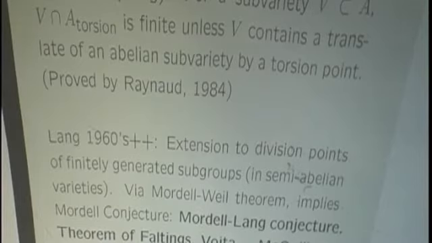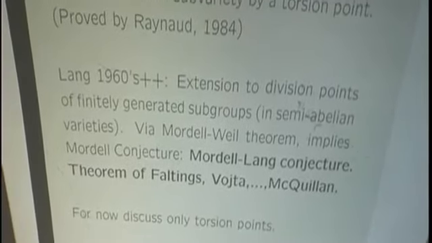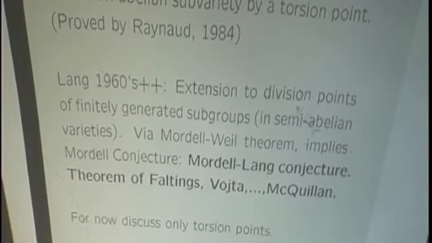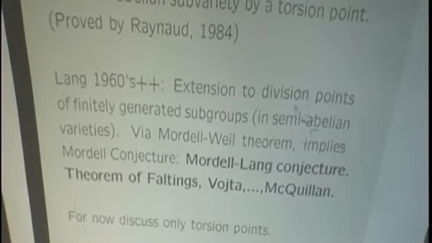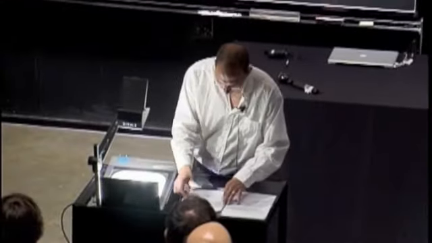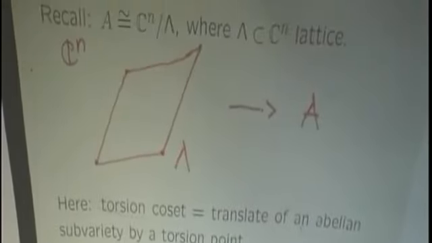In the meantime, Lang had shown how you could connect this with Mordell's conjecture, and one had the Mordell-Lang conjecture, which was then proved by Faltings and various other people. But I only want to talk about torsion points. So here it is again. We have an abelian variety which is complex analytically isomorphic to C^n modulo a lattice.